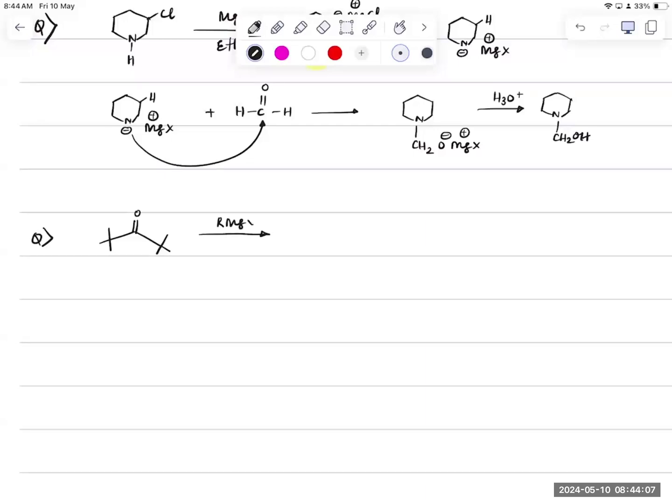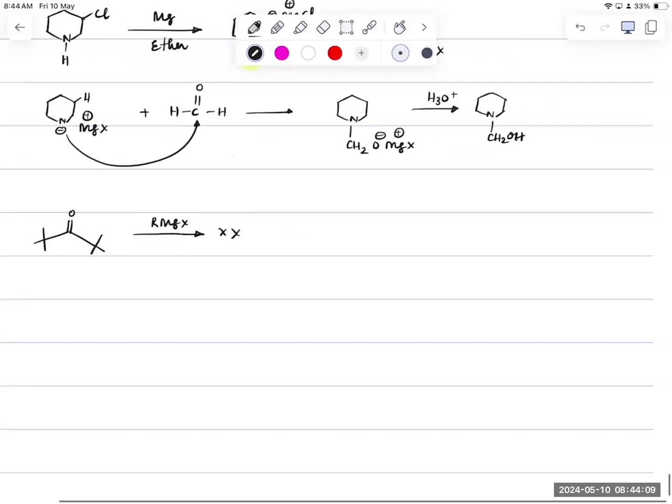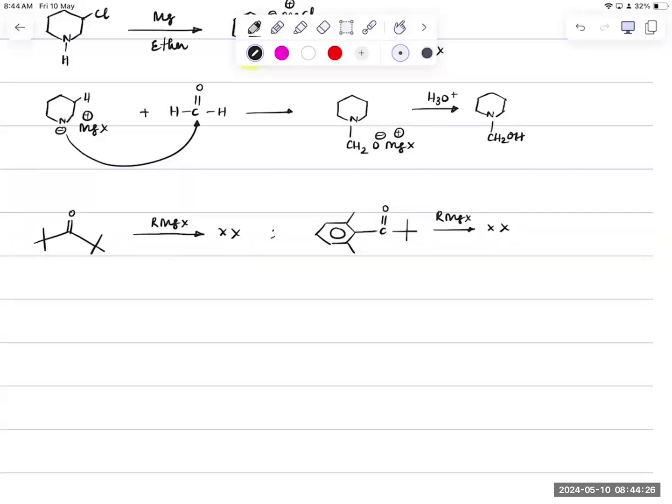If you notice RMgX in this case, no reaction will take place. Similarly, if you have benzene with too much crowding on the ortho position like this, and then we have C double bond O, and this side also a lot of crowding is there. So in these kinds of cases, we will not see any reaction happening.